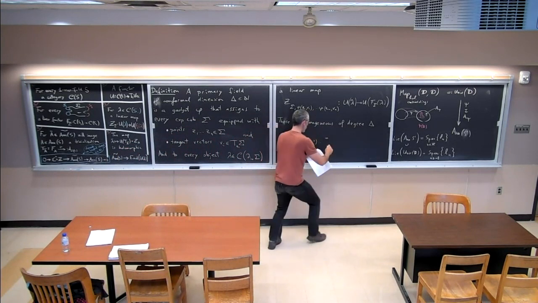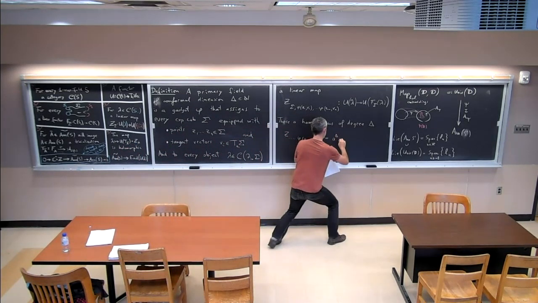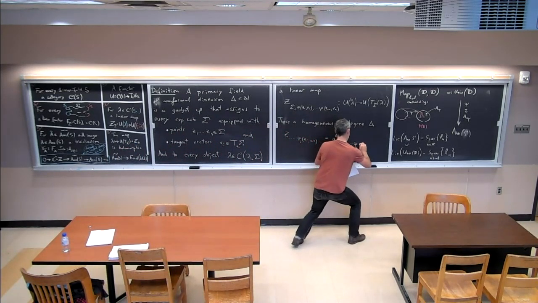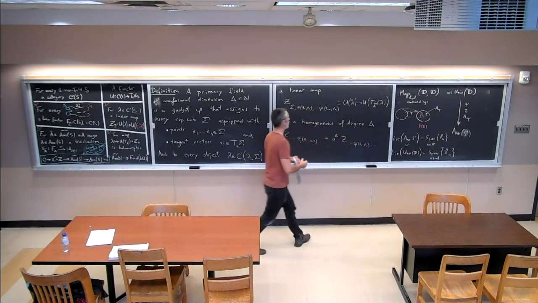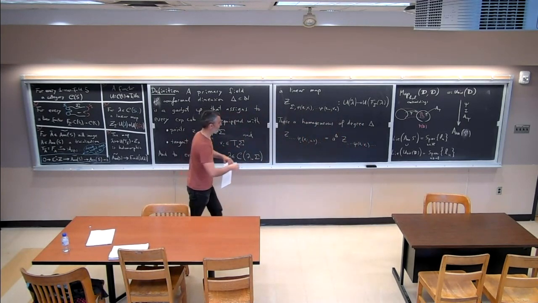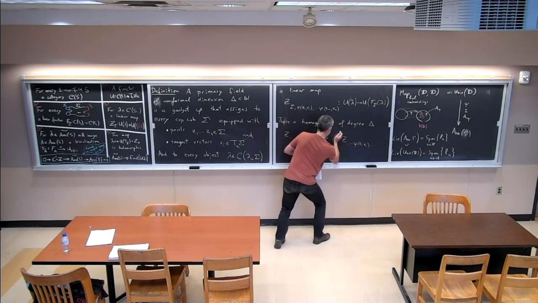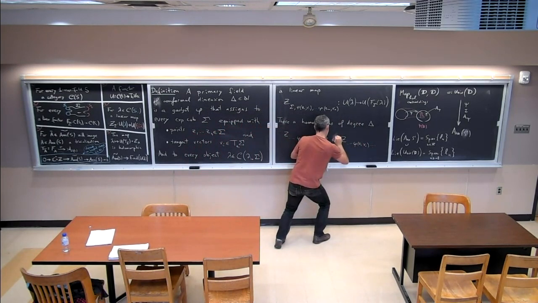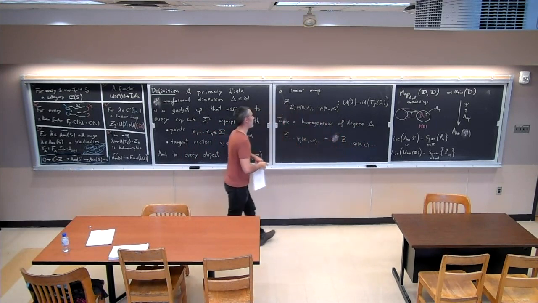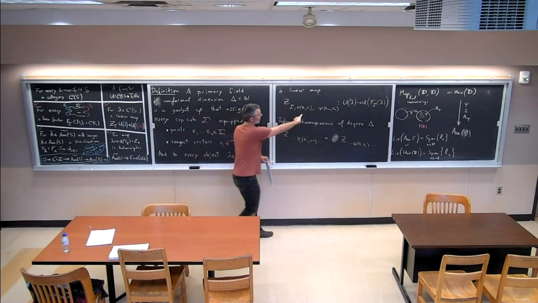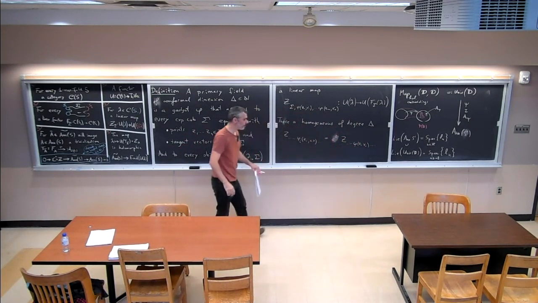That should be the same thing as a to the delta times Z with the same thing without the scalar, so zi vi. So it depends on these variables v in this specified way.